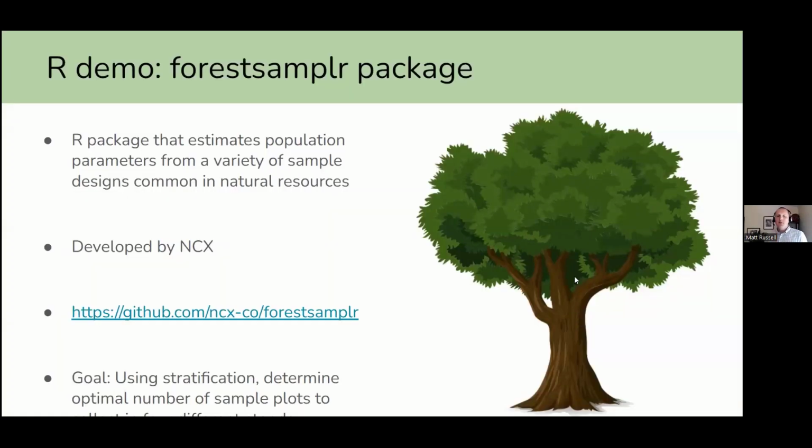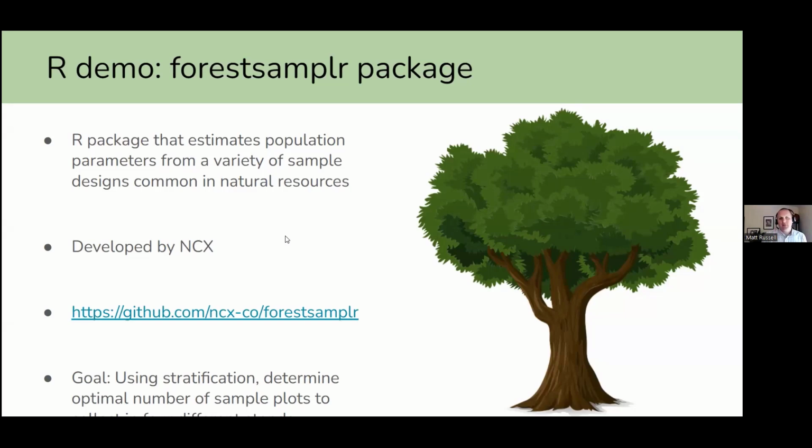So I just want to talk a little bit about the data and the R package that I'll step through. What we're seeing here is the forestsamplr package. What I really love about R is that anyone can write a package and make it available to other users, who can go and use that package and also develop more as a part of that package.